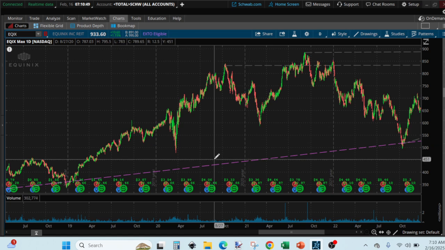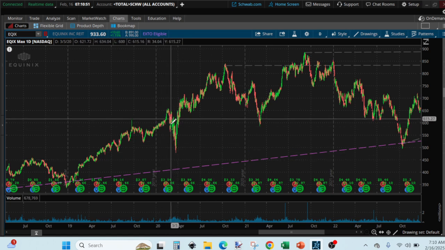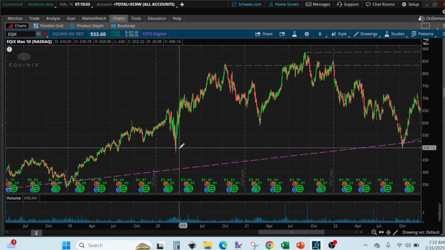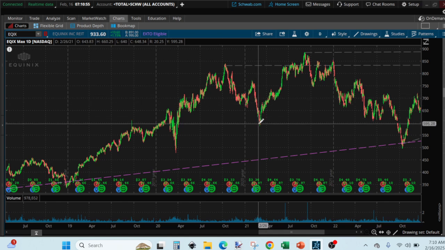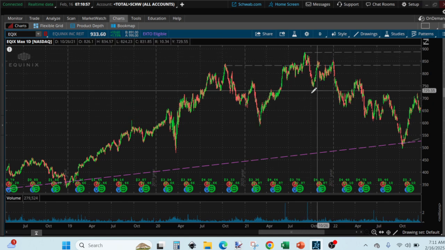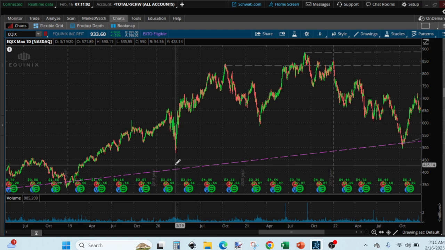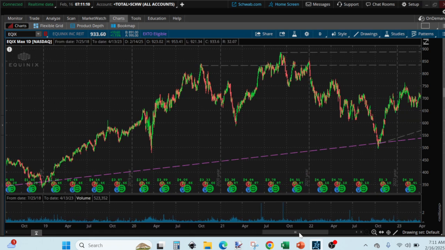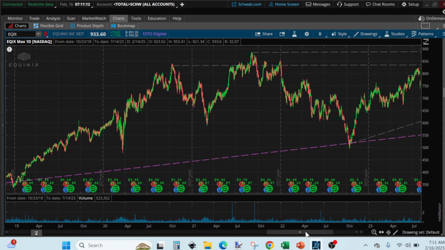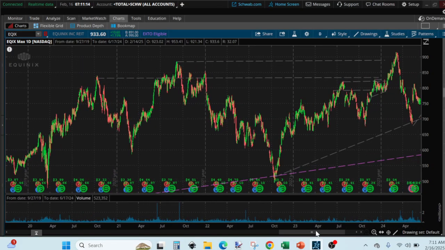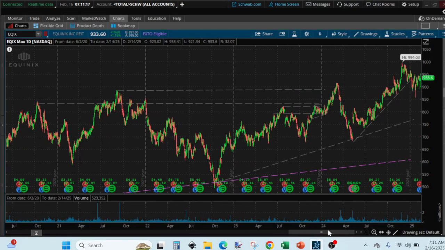But between that though, it does a big dip, and then goes back up and does it again and goes back up. So we don't know if this pattern is going to repeat itself, so we can have that in mind and then go back to where we are here.